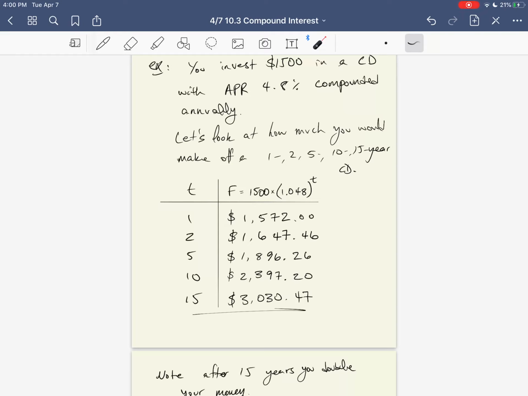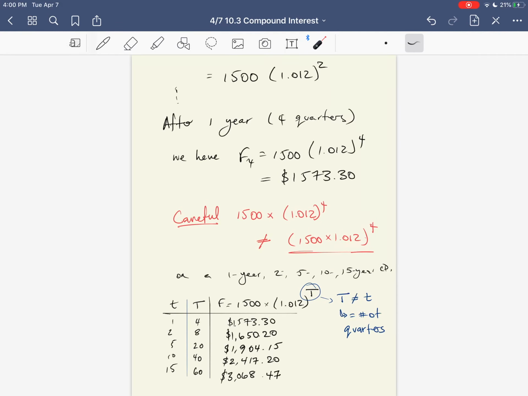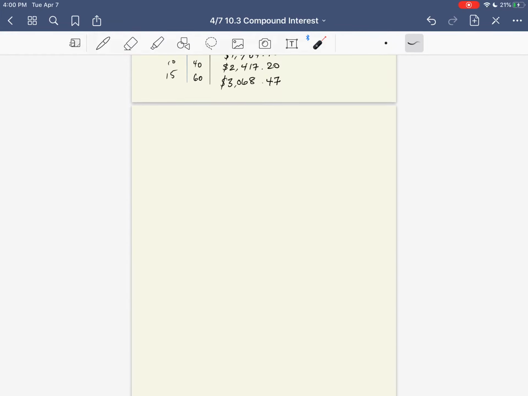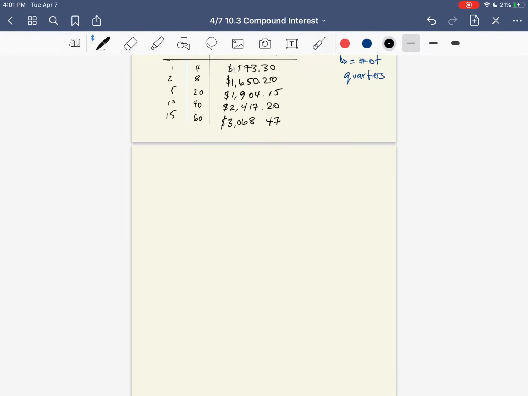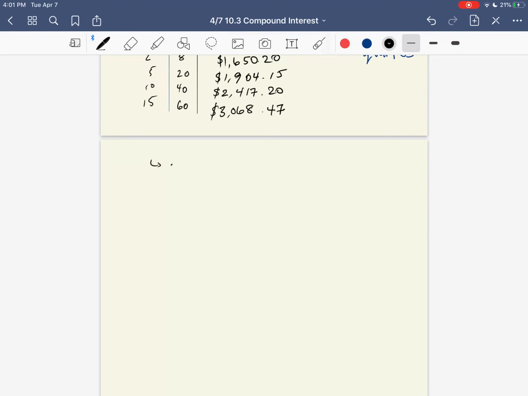But it's not so different. This is $3,030 and 47 cents. And now we got $3,068 and 47 cents. That's $38 more, but it's compounded 4 times as often. So that's kind of surprising. This should be kind of surprising. Not so different from annually compounded interest.